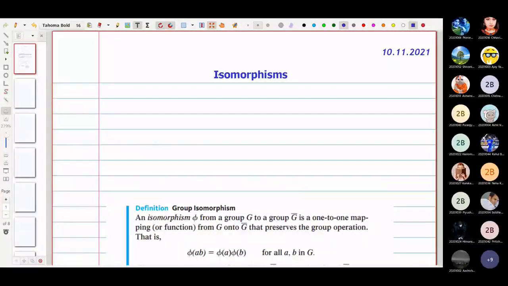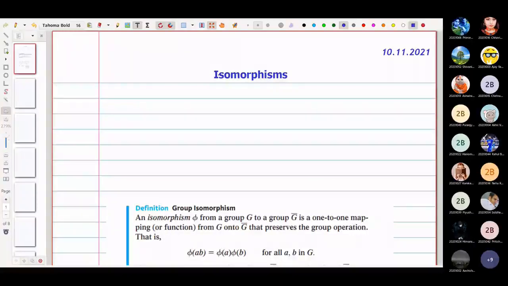So in the last lecture, we discussed homomorphism and its properties. And today we are going to continue our discussion on a new topic called isomorphism. In fact, the definition of isomorphism we have already seen, and at the same time we have seen a few examples, maybe only one or two, of what we mean by isomorphism.